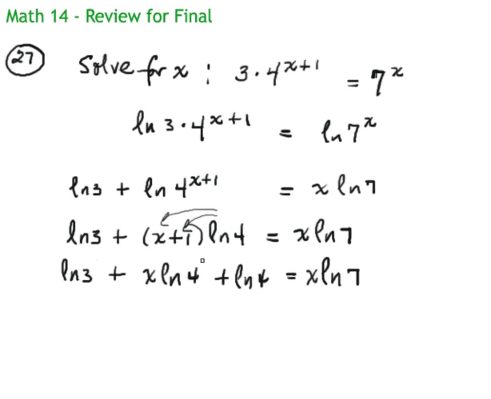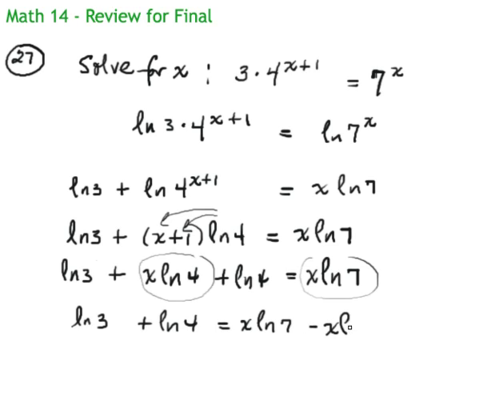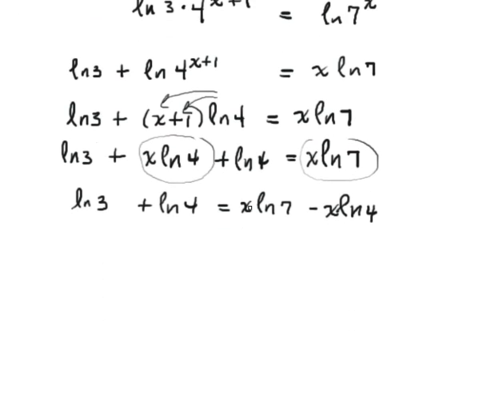Now whatever has x in it we want to put on one side of the equation. So let's subtract x ln 4 from both sides. We'll be left with ln 3 plus ln 4 is equal to x ln 7 minus x ln 4. Now we want to solve for x, so we have to combine these somehow. We'll do that by factoring out x.